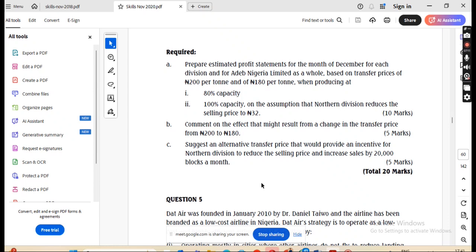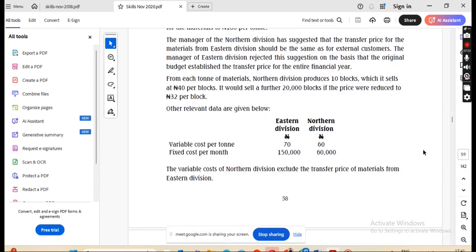So the selling division needs to reduce its price. Now what is your decision? The alternative transfer price should not be greater than the market price of 180, right?